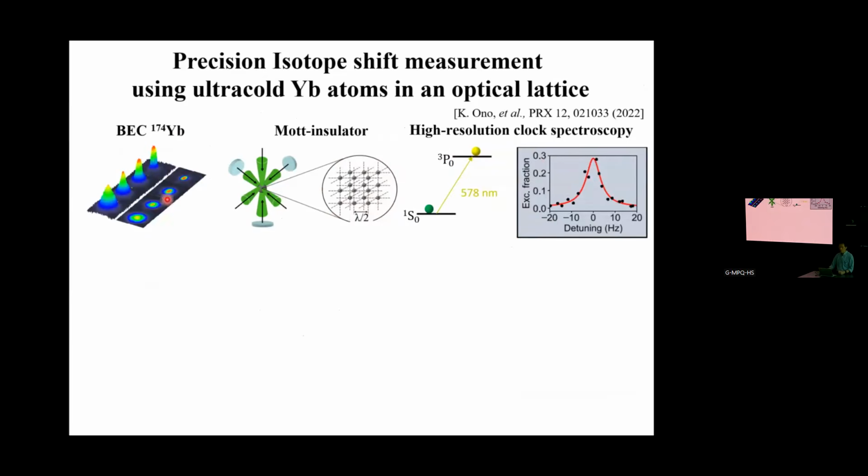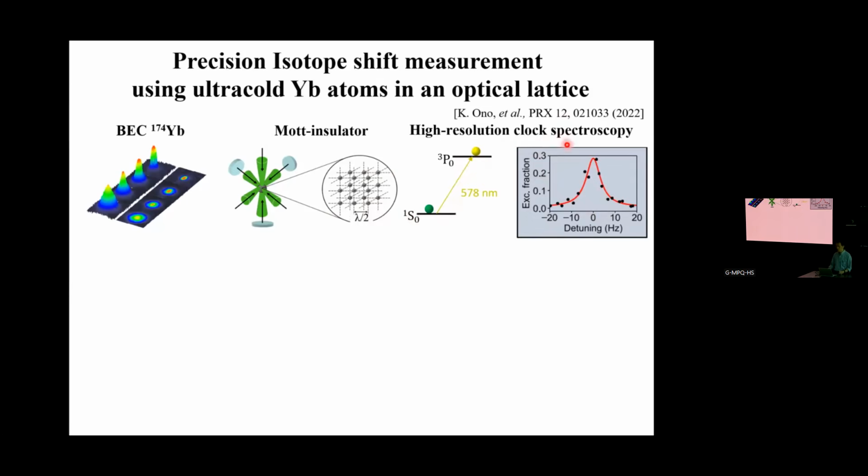We prepare the ultracold ytterbium atoms and load them into a 3D optical lattice with magic wavelength. At the magic wavelength, the light shift for the ground state and excited states are the same. So the resonance frequency does not suffer from the light shift effect.